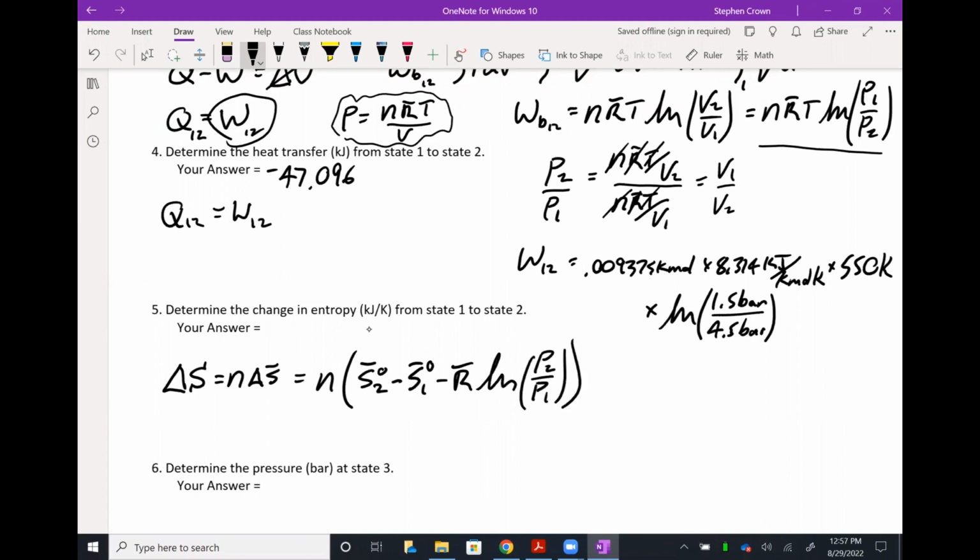And all that multiplied by n will give us the change in entropy, not per unit mole. So where do we find these values for S2 naught and S1 naught? From the tables, from the ideal gas tables.